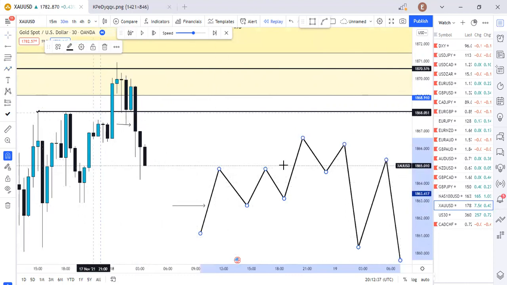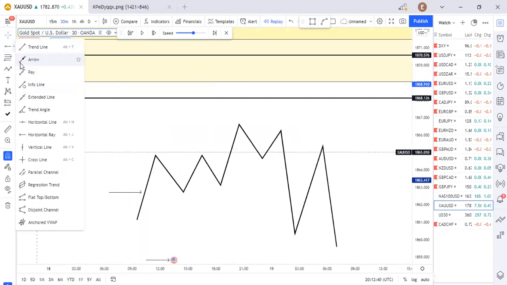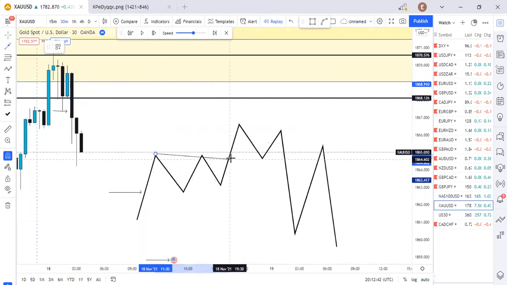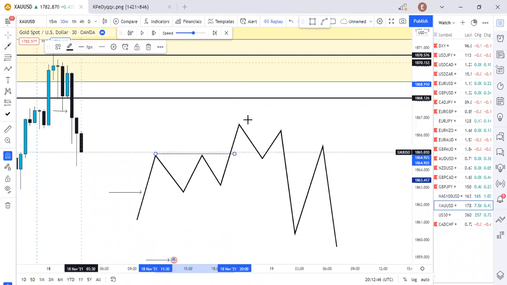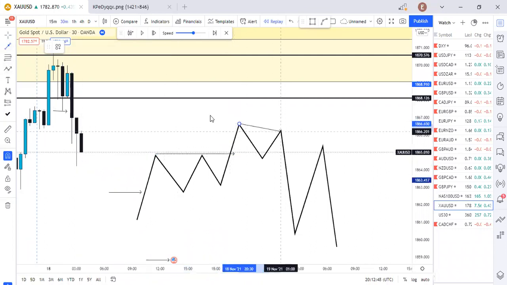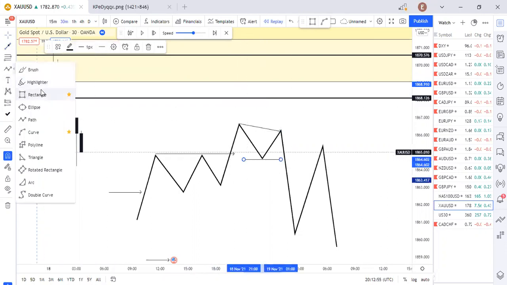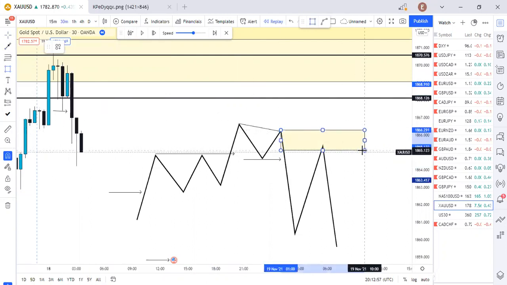This is what I'm seeing here. So upon seeing the market structure here, here, here, I would like to see price returning to the order block. That's when I find myself in the market.